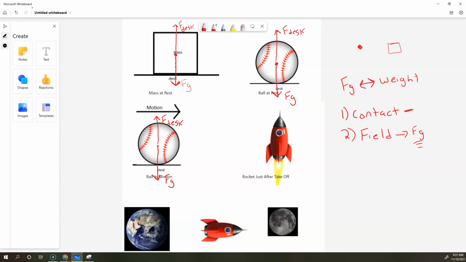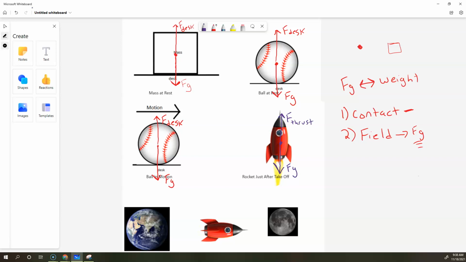Okay, let's move on. Let's imagine we've got a rocket and it's just starting to take off. In this scenario, we've again got a force down. We still have gravity. And this time, we'll call it the force of the thrust for now, and then we'll talk about it later.